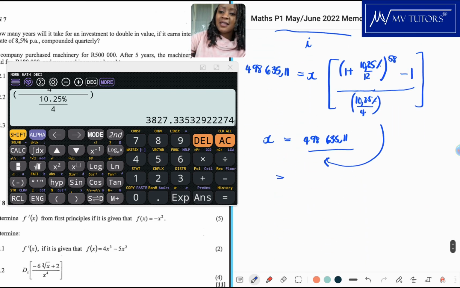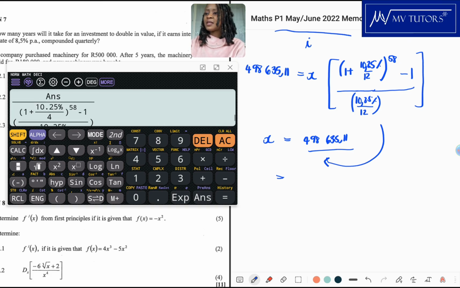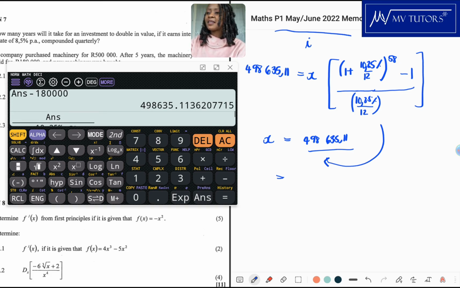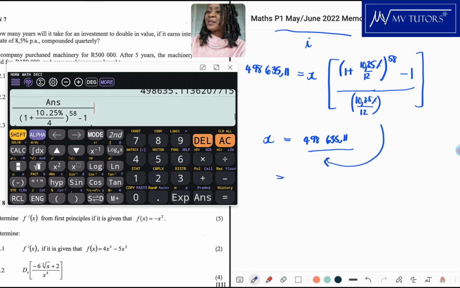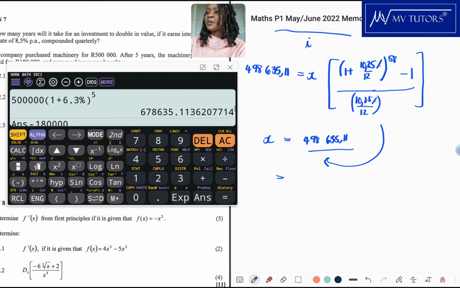Alright. So I probably lost my values there. Okay, so this should be... I think I lost my stuff. This should be divided by 12. Yeah, I definitely lost my values. I can't use that answer anymore.